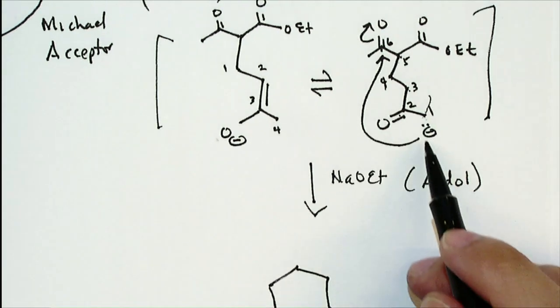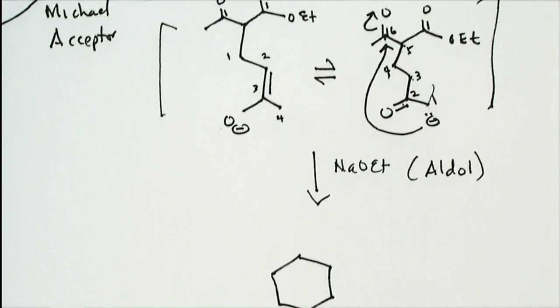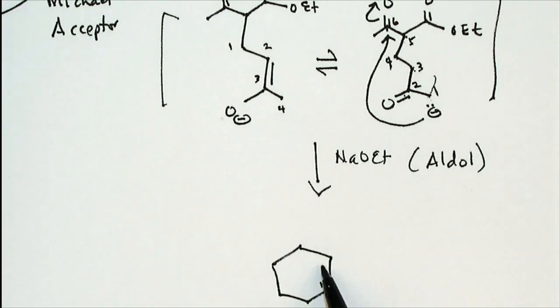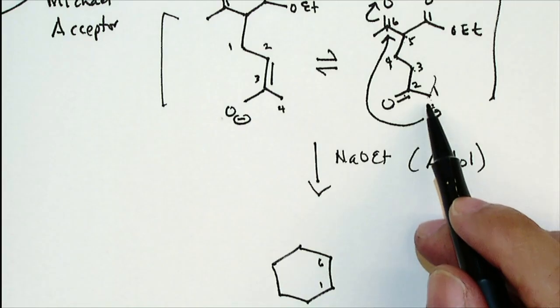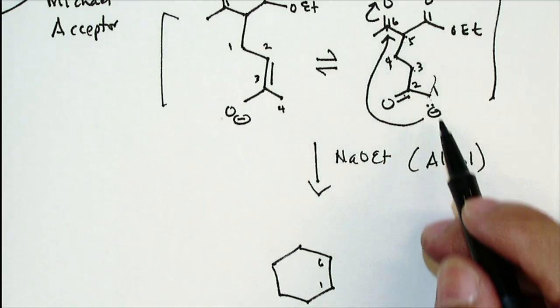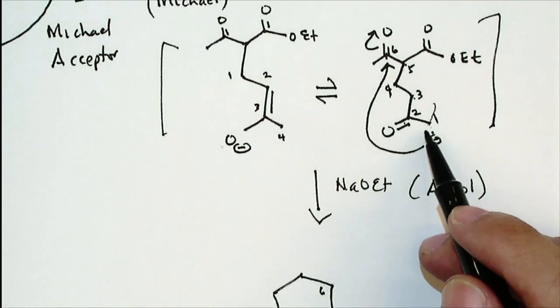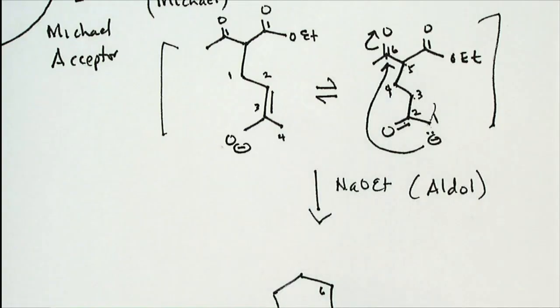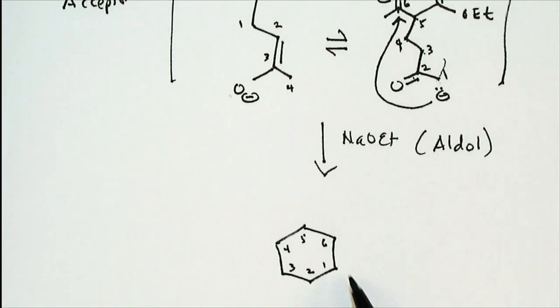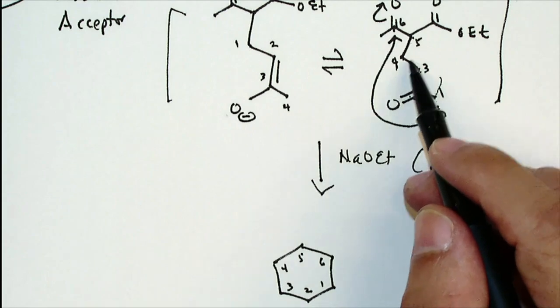I will just arbitrarily say that is 1 and that is 6. So beginning at 1, I'll work my way around till I get to 6, right? 1, 2, 3, 4, 5, and then 5 is attached to 6.